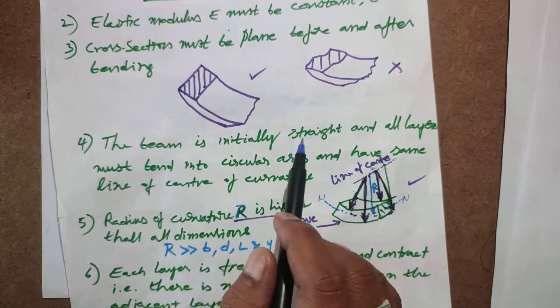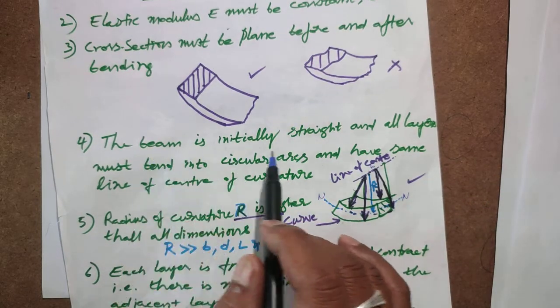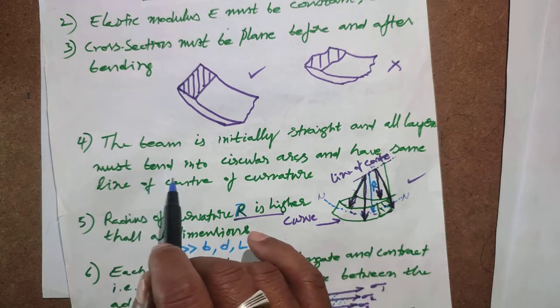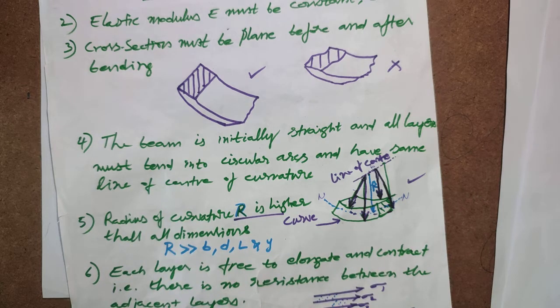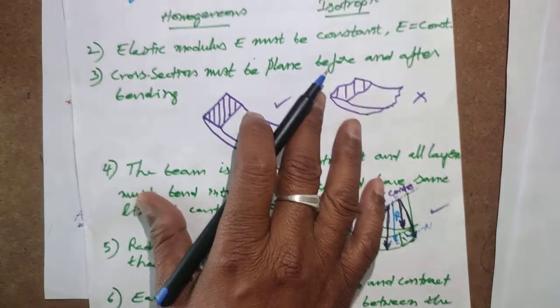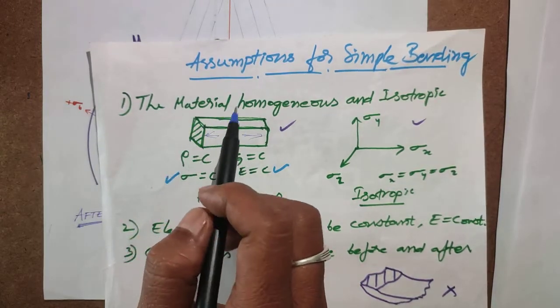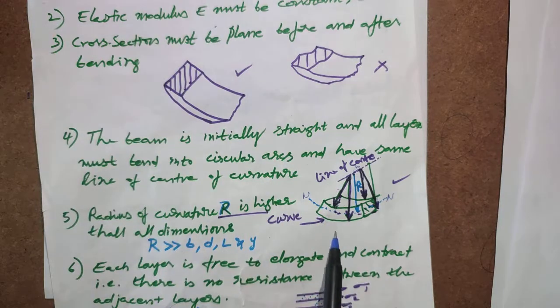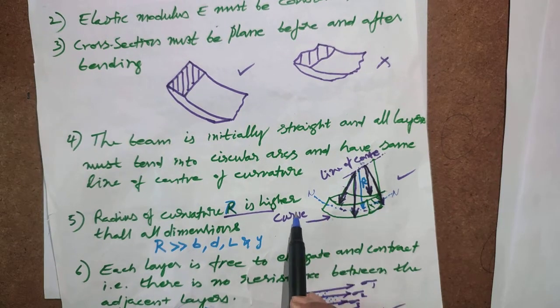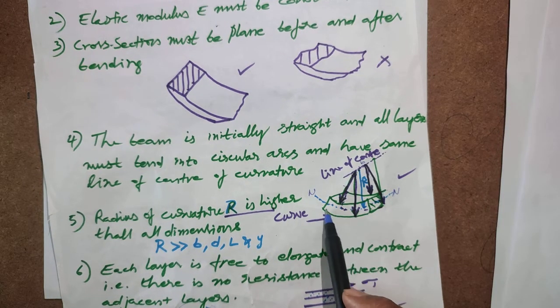Then the beam is initially straight and all layers must be bent into circular arcs. So before bending, the beam layers are straight lines. After bending, the beam layers are circular arcs. Each circular arc has a certain curvature.